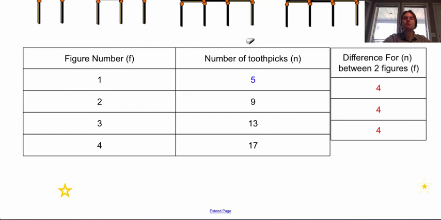So that seems to be my formula. We always go the difference multiplied by the figure number, and then how do we get the original? Okay, so that is my formula. So this 1 was gotten by 1 times 4 is 4, and then we have to go 5 subtract 1 times 4 to give us this there.